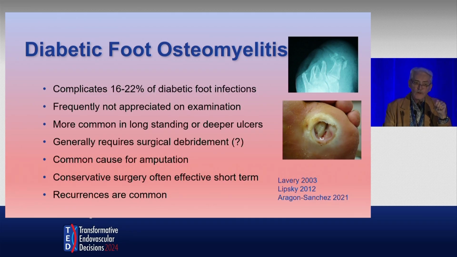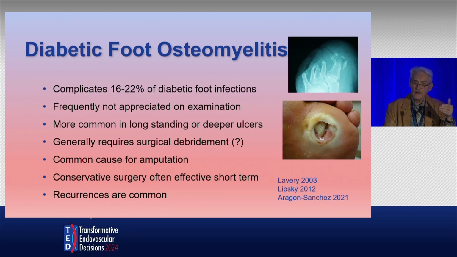It generally requires surgical debridement, and that was my mantra practicing in Boston many years ago, but there's more data to suggest that a minor forefoot osteomyelitis can be treated medically alone if there's not severe soft tissue infection with it as well. We recognize that recurrences are always common because of inadequate primary treatment, so we need to keep these factors in mind.